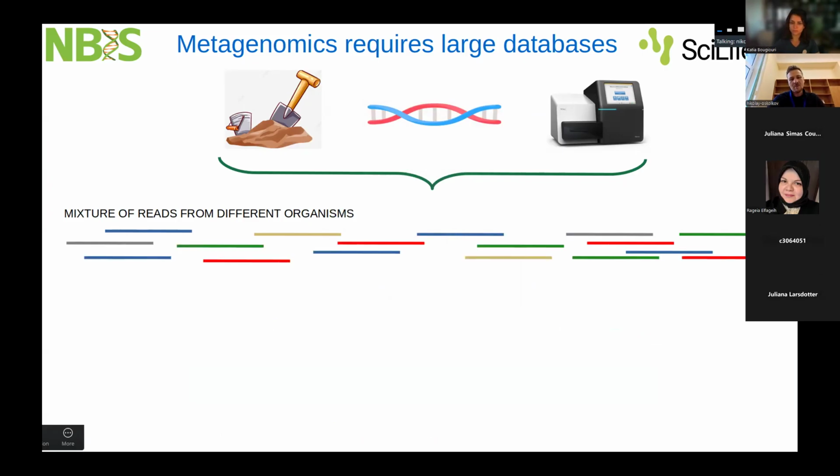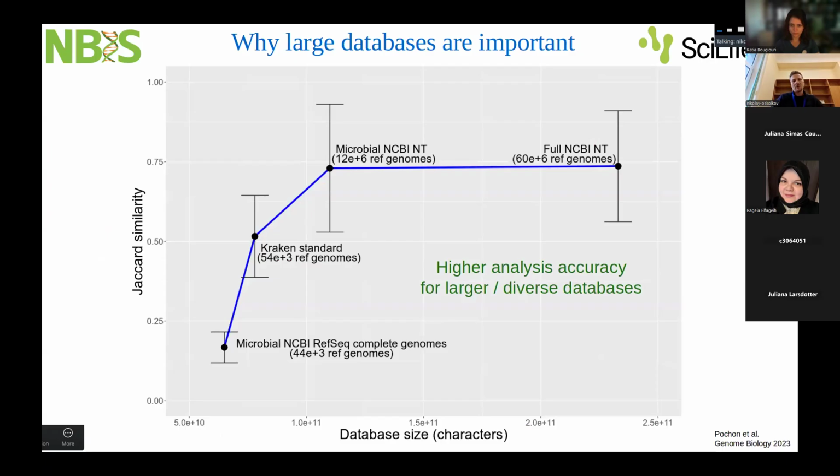But in this particular example, what we saw is that the simulated ground truth was microbial DNA plus human. In this publication, Genome Biology 2023, the ground truth was mostly microbial because it was simulated ancient microbial DNA.